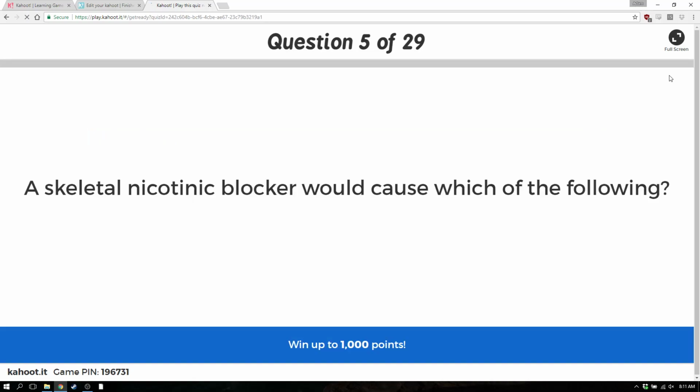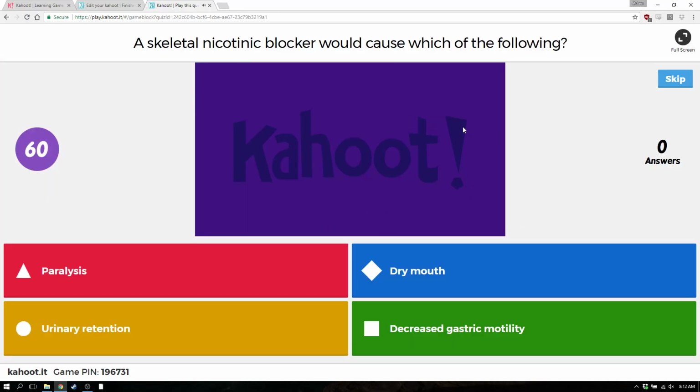Moving on. A skeletal nicotinic blocker would cause which of the following?